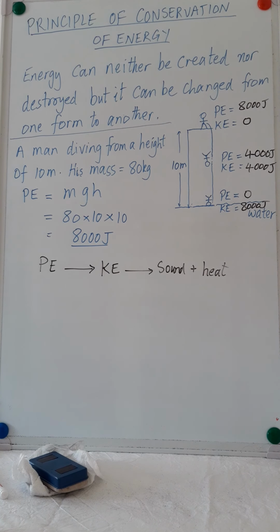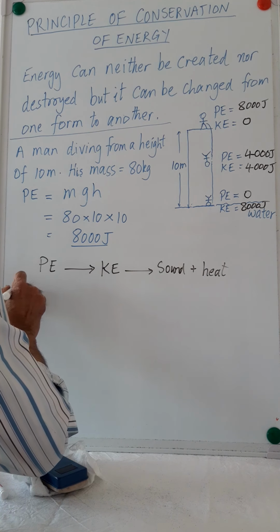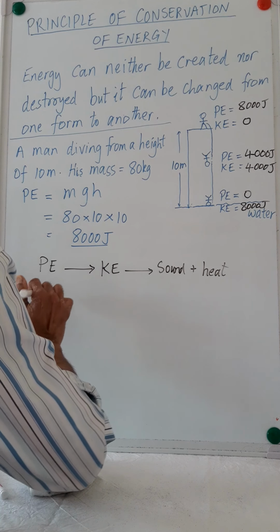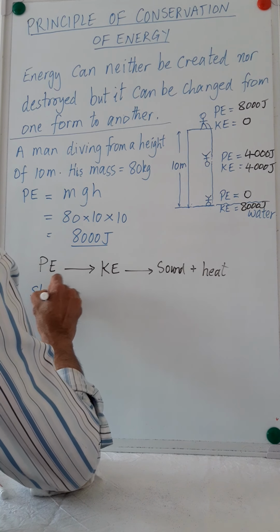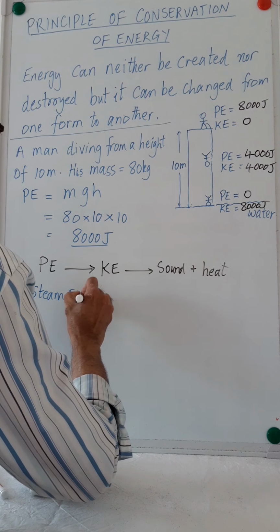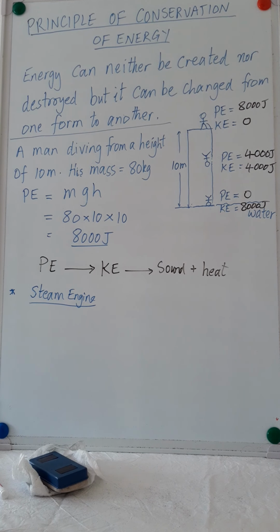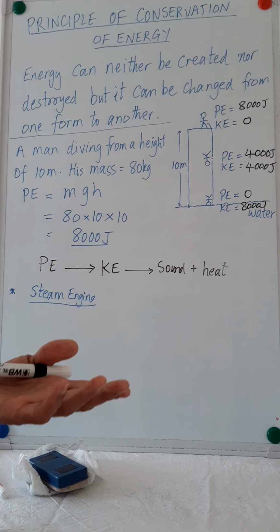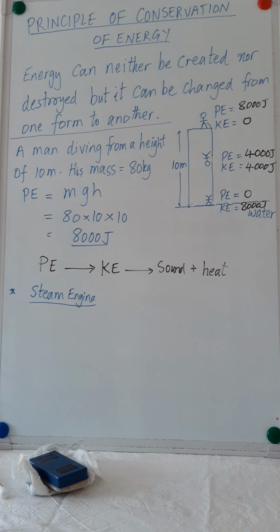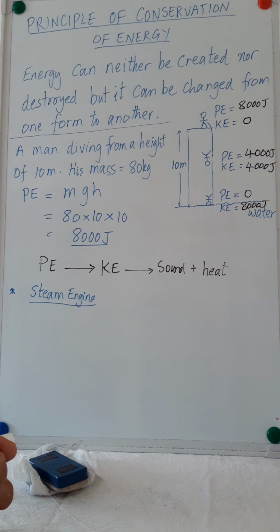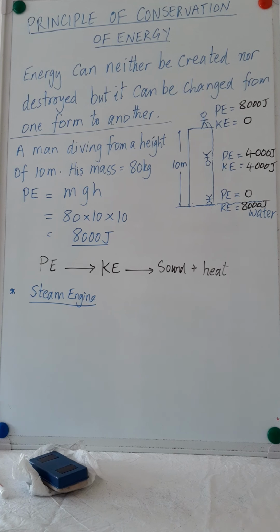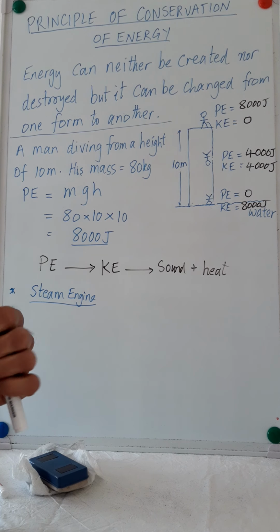Now, another example is the steam engine. A steam engine converts which form of energy to which? The steam engine burns coal or oil, which heats the water up, which makes the steam. So what sort of energy does the coal or oil have?